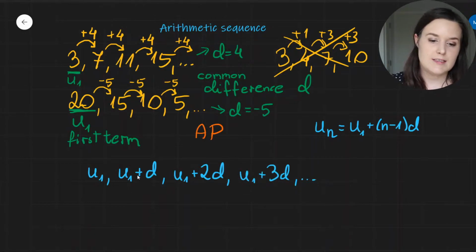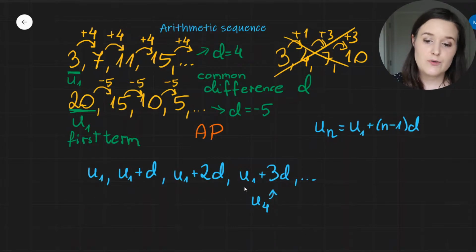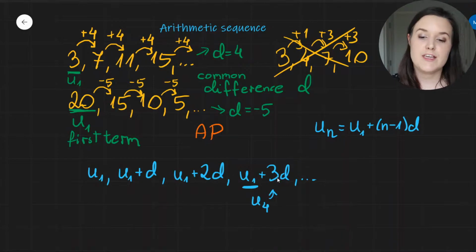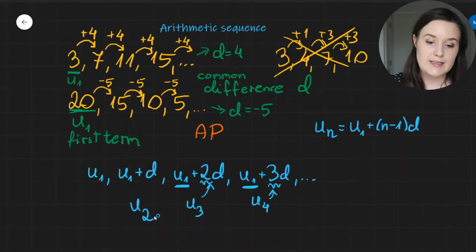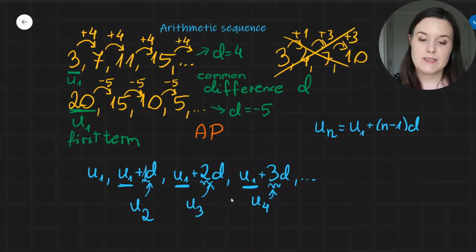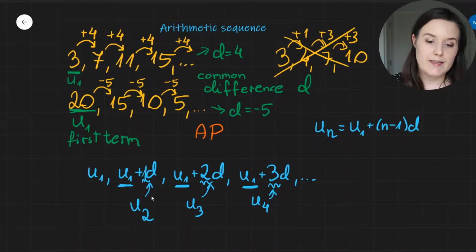So the rule is that to create the fourth term, I have to get U1 and add 3 differences. To create the third term, I take U1 and add 2 differences. To get the second term, U2, you take U1 and you add 1 difference. So basically always 1 less than the number of the term.